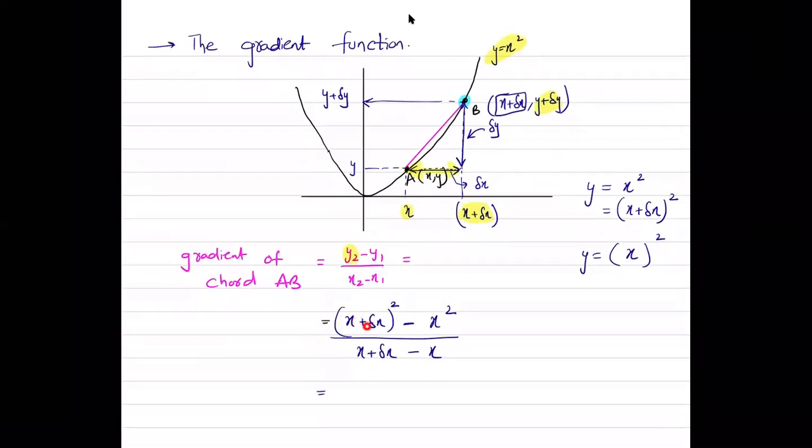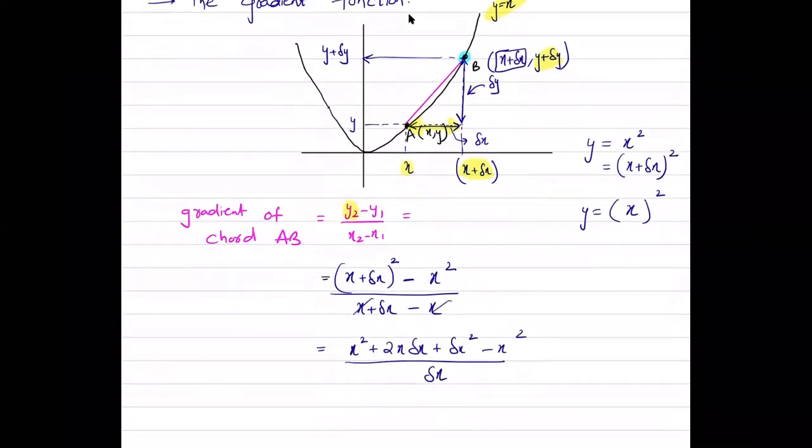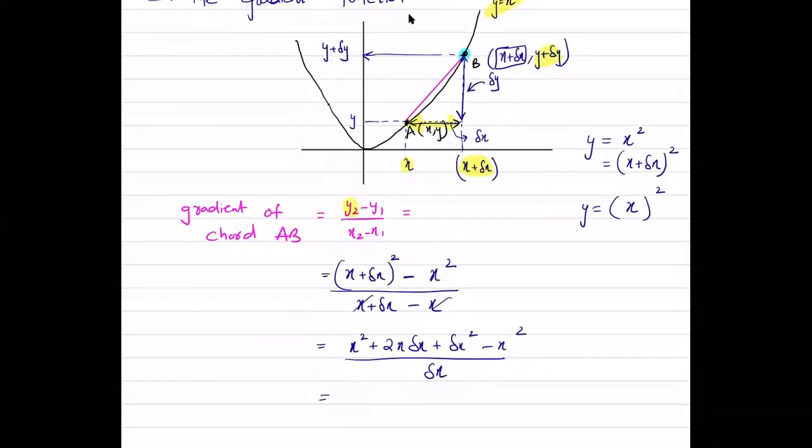If I expand this, x plus delta x the whole thing square, I'm going to get x square plus 2x delta x plus delta x square minus x square, over delta x. Delta just means a very small change in x.